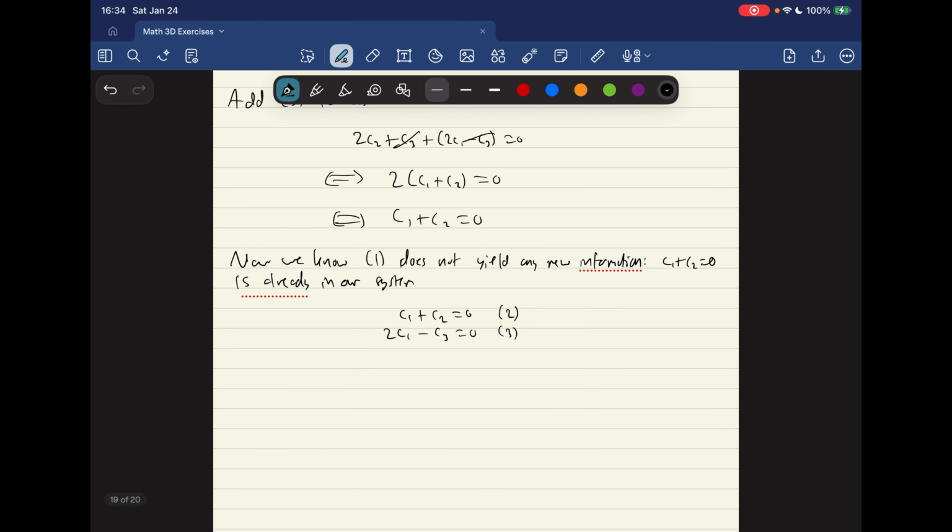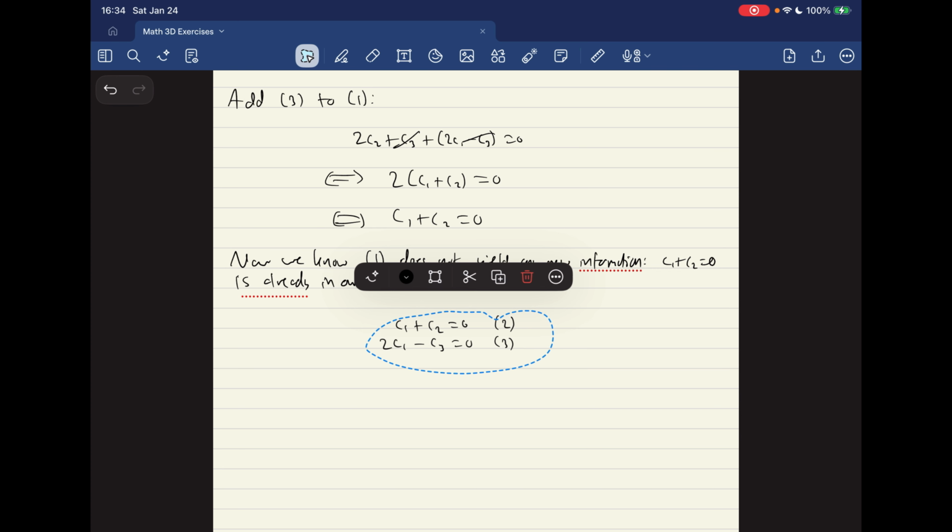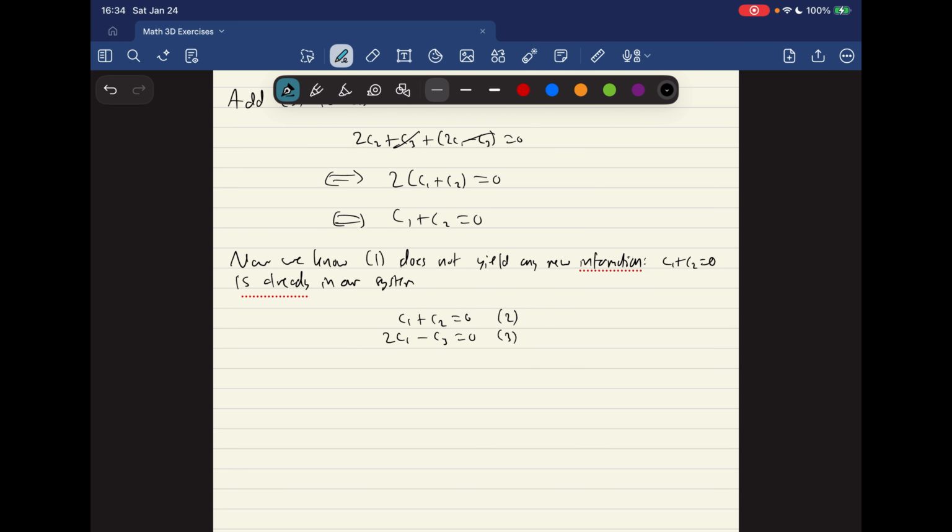How do we solve these? Well, we can put it such that we can express both c2 and c3 in terms of c1. So notice that equation 2 rearranges as c2 equals negative c1 and c3 equals 2c1.